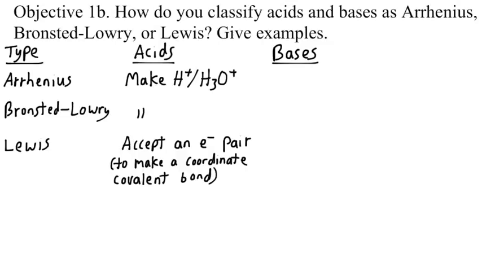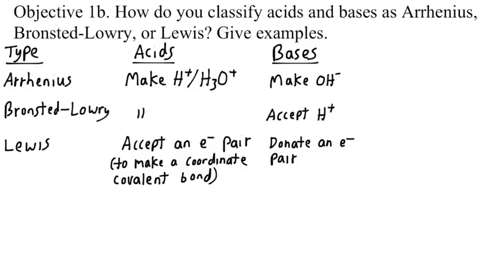Bases: Arrhenius makes hydroxide. Bronsted-Lowry accepts H+. So Bronsted-Lowry acids make H+, bases accept H+. Lewis bases donate an electron pair.